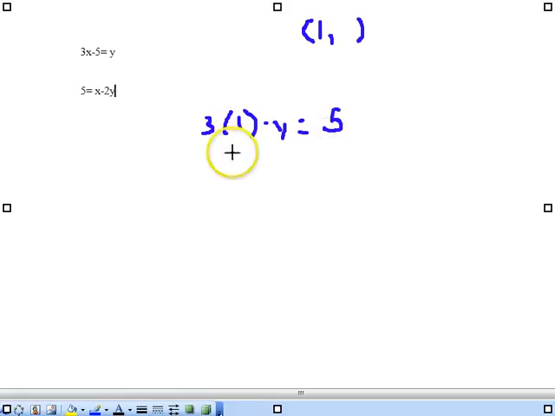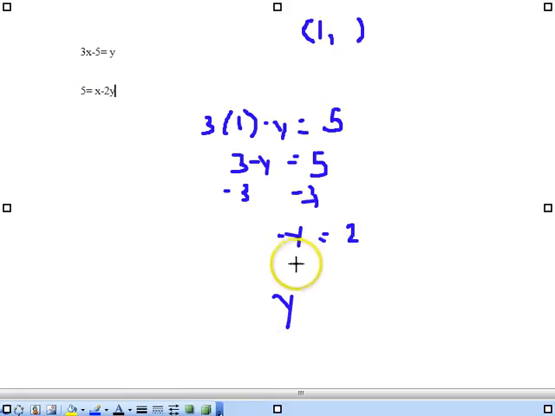So 3 times 1 of course is 3, minus y equals 5. Minus 3, minus 3, you get a negative y is equal to 2, and of course we need what y is equal to, so the opposite of 2 is negative 2, so y is equal to negative 2.